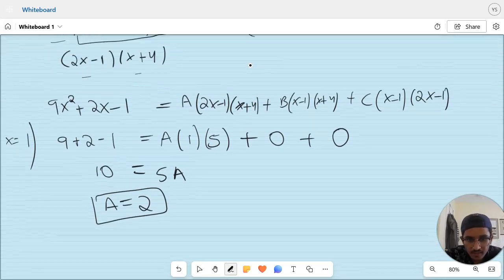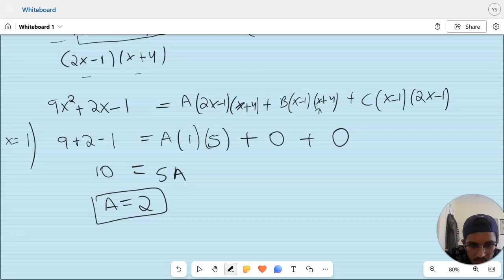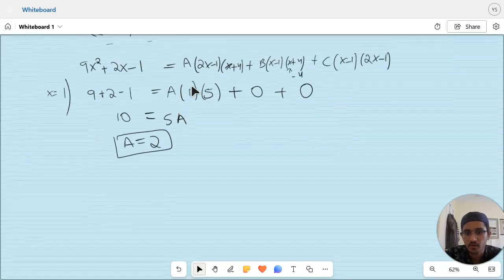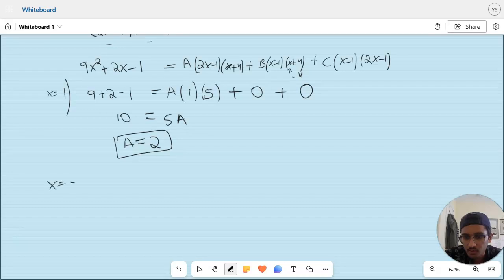Next step, let's let x equal negative 4. So negative 4 squared is 16, 16 times 9 is 144, 144 plus 2 times negative 4, which is negative 8, minus 1.